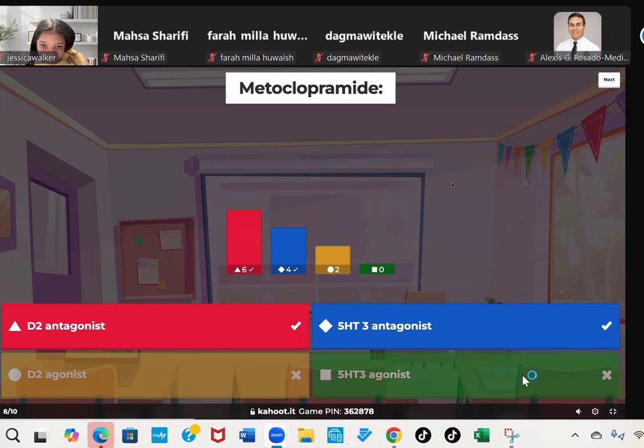First of all, there is an activation of the chemoreceptor trigger zone in the CNS, right? And activating not just dopamine, but also serotonin, which has one of the bigger roles in causing nausea and vomiting. Now, if you antagonize central D2, you achieve some goals in terms of reducing nausea and vomiting.